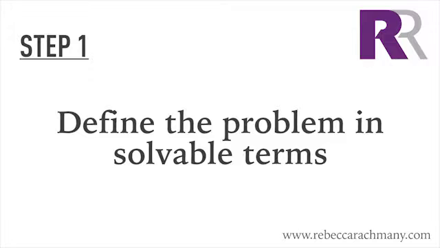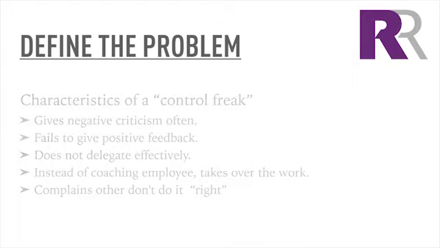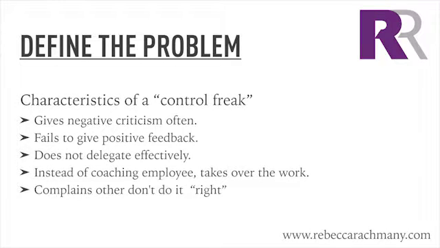So right here, we're going to sit down and break down the behavior into something that we could look at in solvable terms. I'm just going to take an example here, as you can see on the slide, of somebody who's a control freak, right? You've heard this description of people. As I said, you'd never use it yourself, of course. Not a very nice thing to say, but they're a control freak.